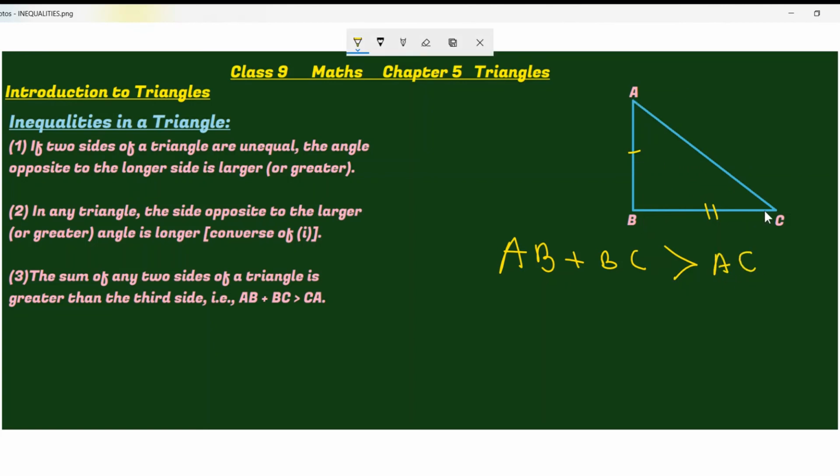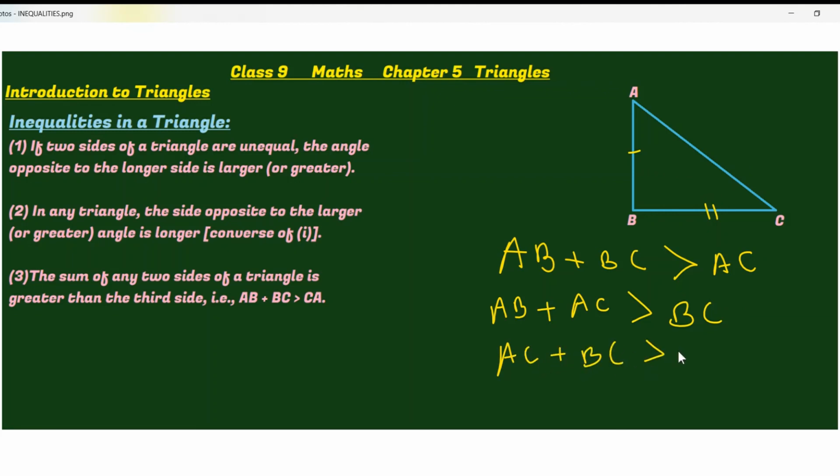AB plus BC is greater than AC, or we can take AB plus AC is greater than BC. Next we can take AC plus BC is greater than AB. It means if you add any two sides of the triangle, the sum would be larger than the third side.